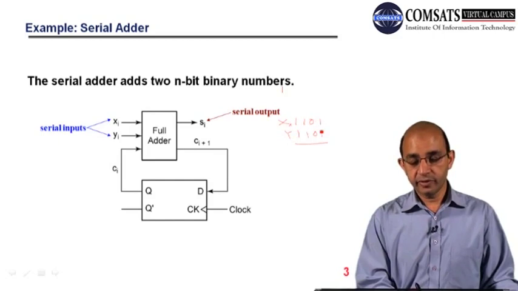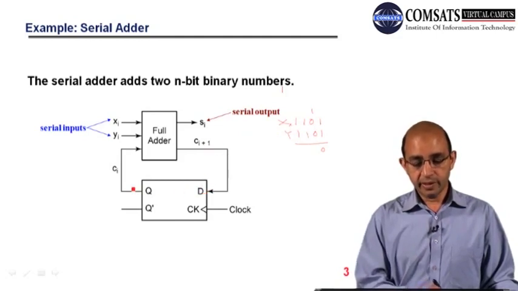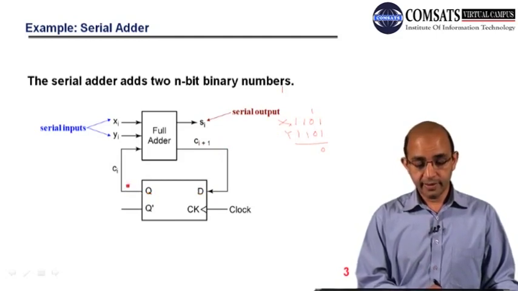What we need to do is add the corresponding bits. This is the bit at the 0th position, so we will have a sum of 0, and we have a carry here. That carry has to be stored here, and then on the arrival of the next clock pulse, that carry has to be applied here.